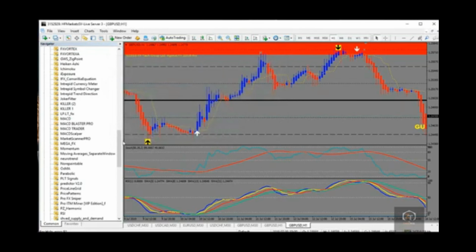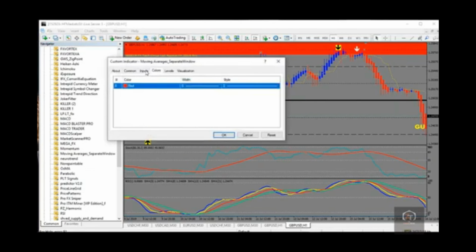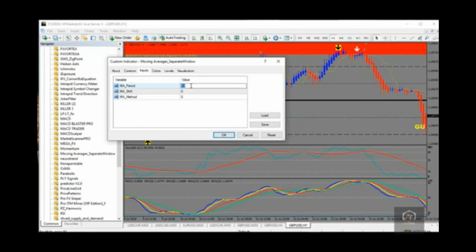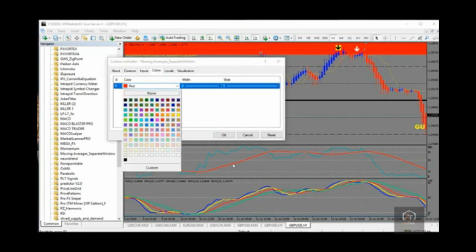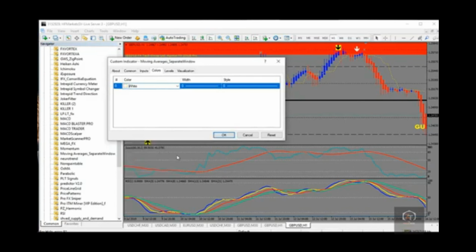Now the last but not the least, you drag again the fifth one and choose moving average. This one you can choose maybe 200 or 150, depending on the way you want to set up your own trading system. I'm just showing you guys what you need to do. Then I have to put 200. You can set 150 or any other number. Then I have to make the color white because the background here is brown.